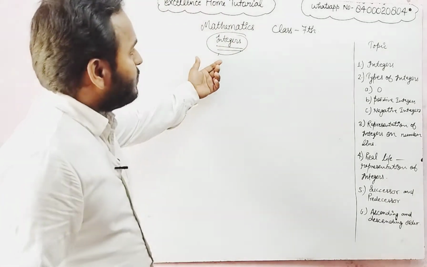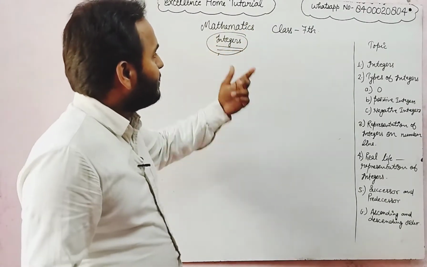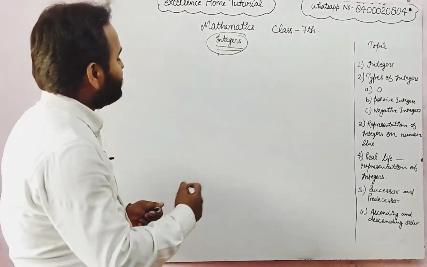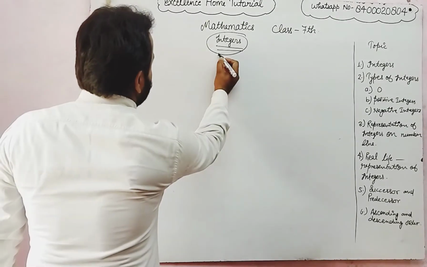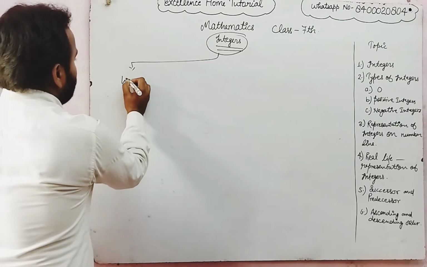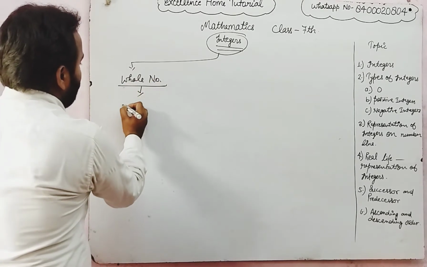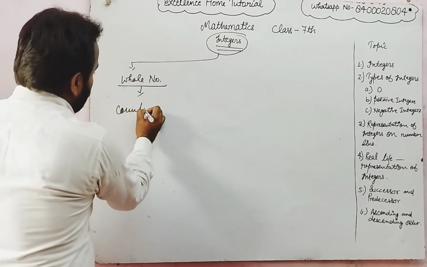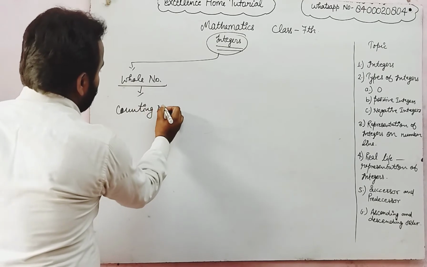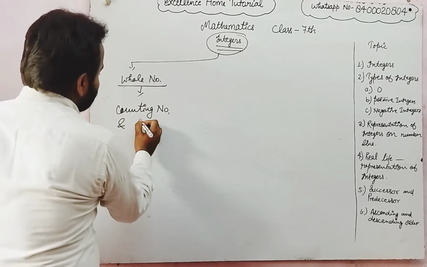We will discuss the 7th class maths integer chapter. First of all, we have to discuss whole numbers. A whole number is a number which is a counting number and 0.